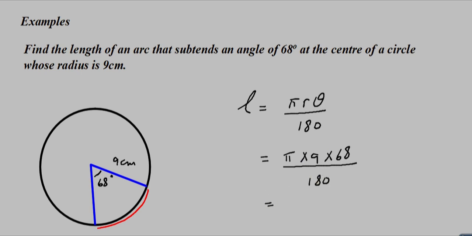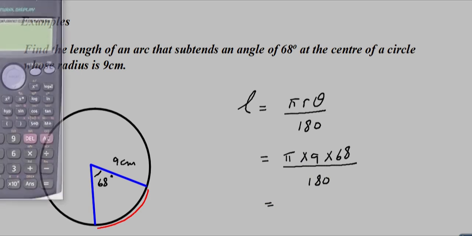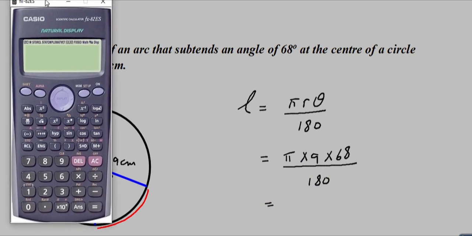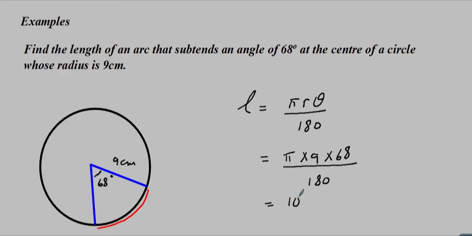And this equals, you can use the calculator, so 9 times 68 times pi divided by 180, and that's a fraction of pi, but as a decimal it's 10.7 centimeters to the nearest millimeter.